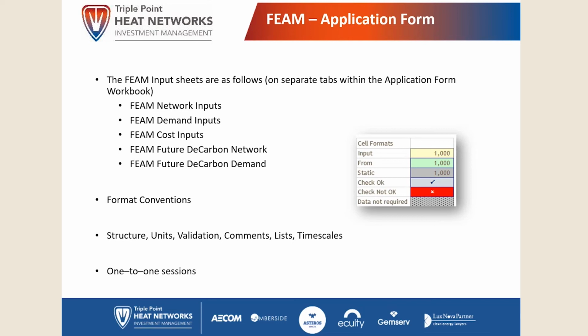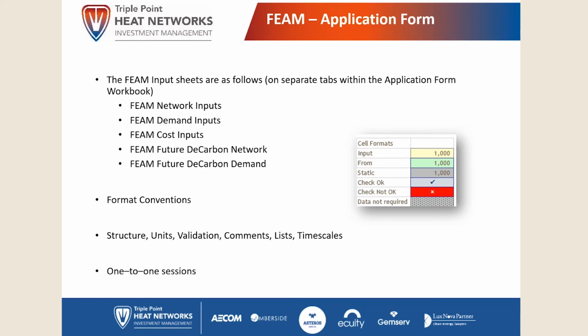There are 6 yellow sheets prefixed with FEAM. The way it works is that we receive your application form. We have a template blank FEAM, and we just link the FEAM to your application form, and then all of the data in the yellow tabs links automatically through to all the equivalent forms in our model as input sheets.